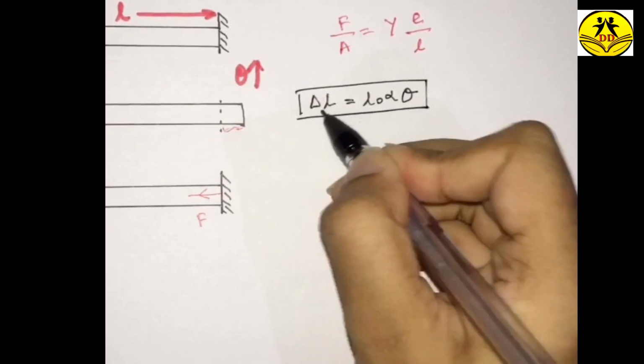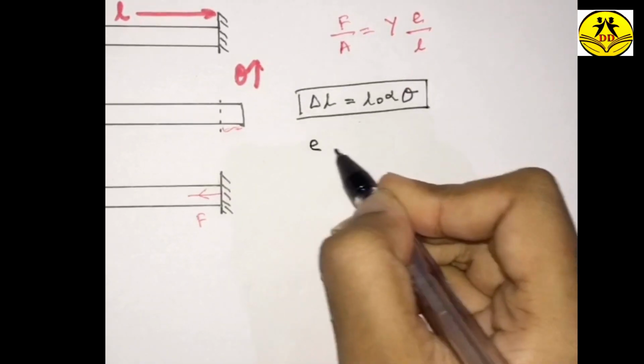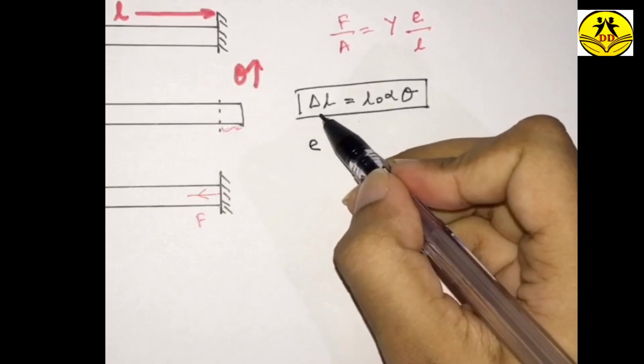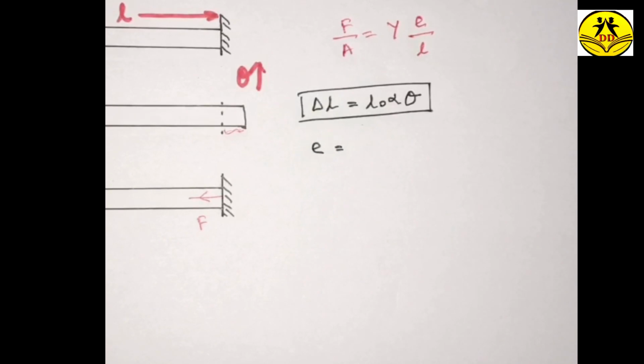So here delta L, in this case we are using the symbol E, is the change of length. In this case it's a compression.